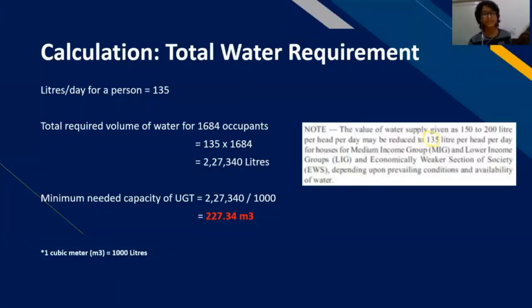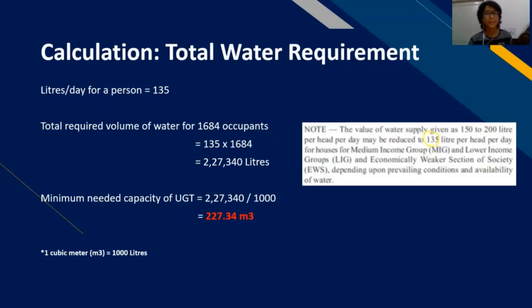After the calculation of the number of occupants, we have calculated the water required by the total number of people living in the group housing. So as per the National Building Code of India, the liters of water required per day for a person is 135 liters, as you can see over here.